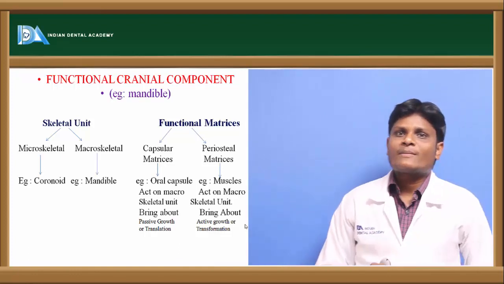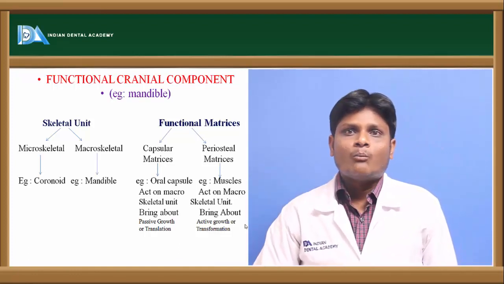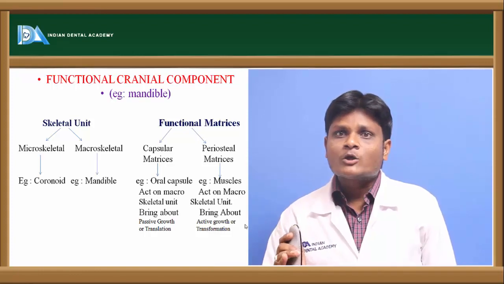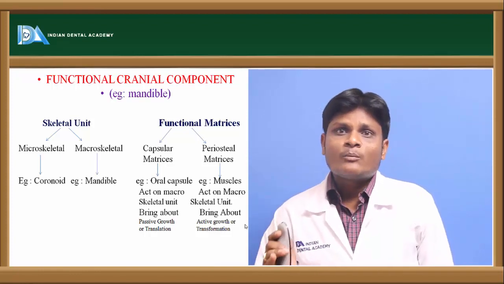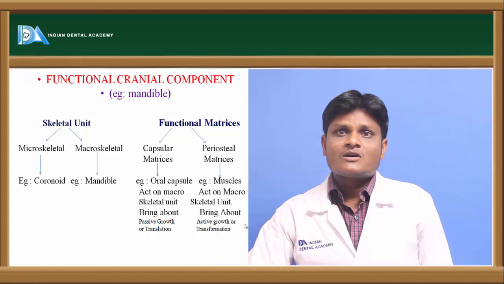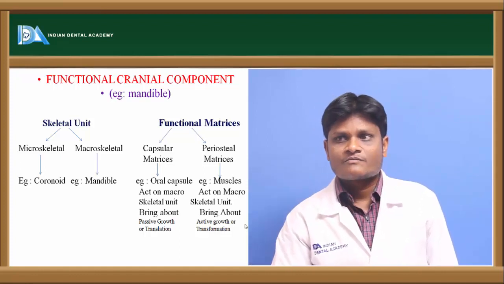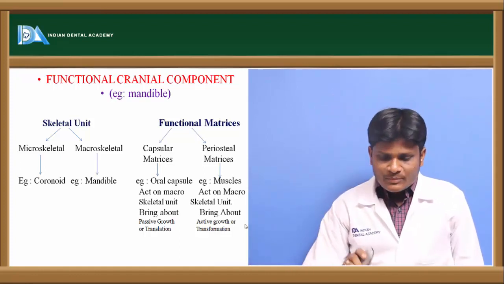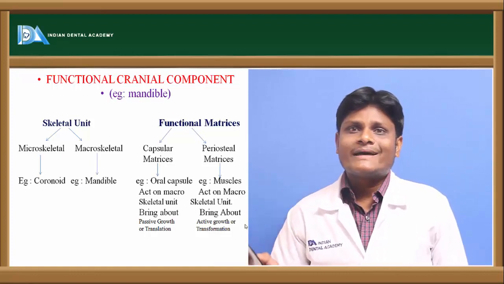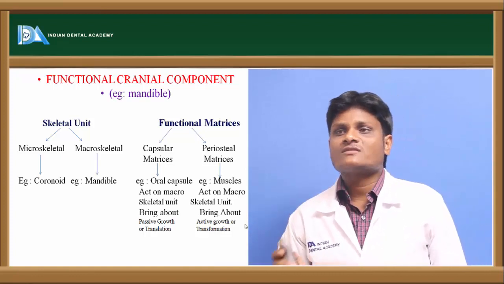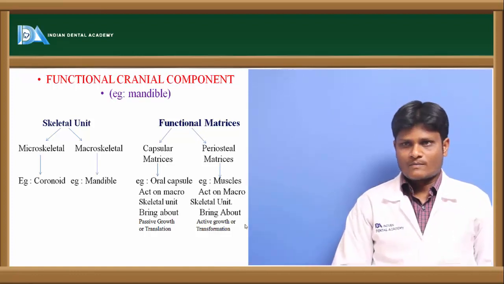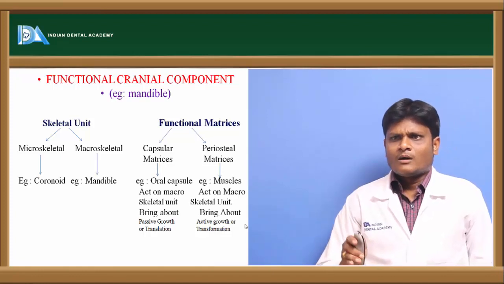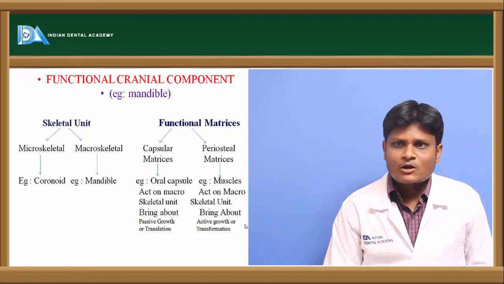The growth of the capsular matrix will lead to more availability of room into which the growing bone can translocate or change its position, whereas the growth of the periosteal matrices will cause direct transformation and change in the morphology of the bone.